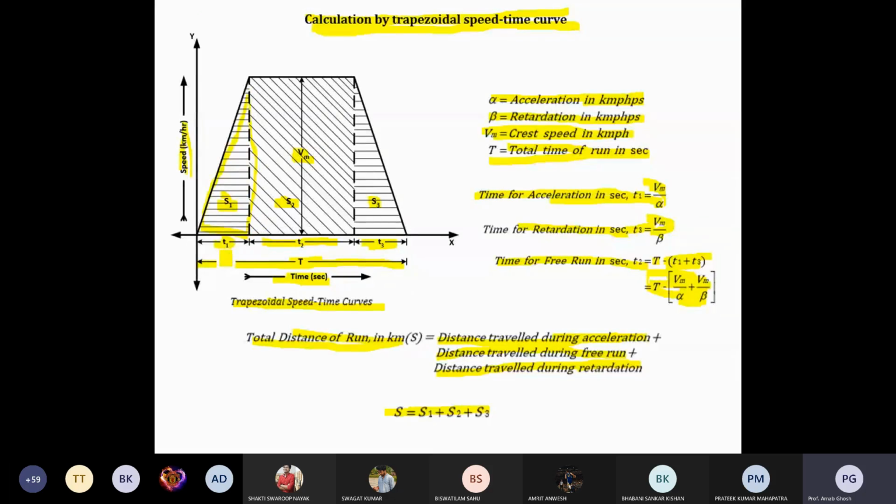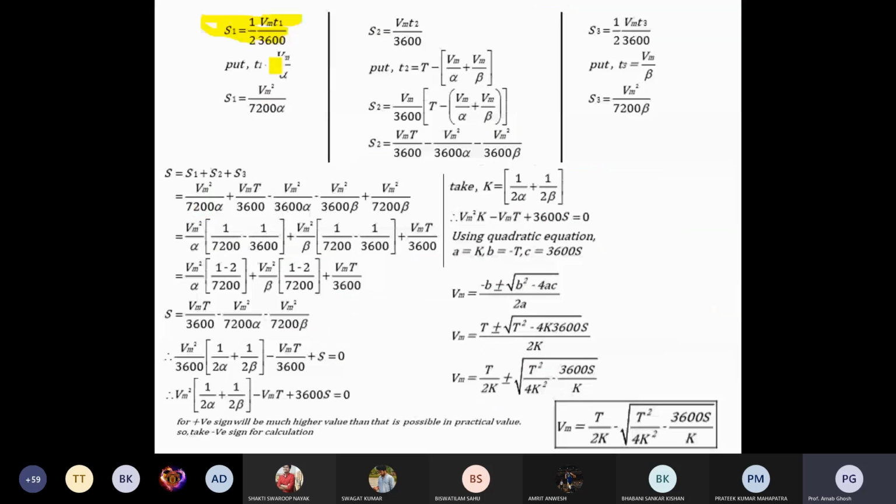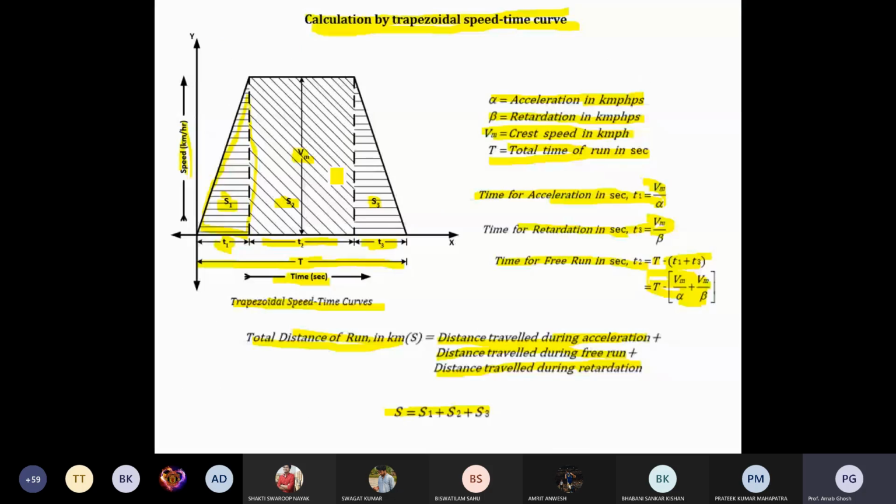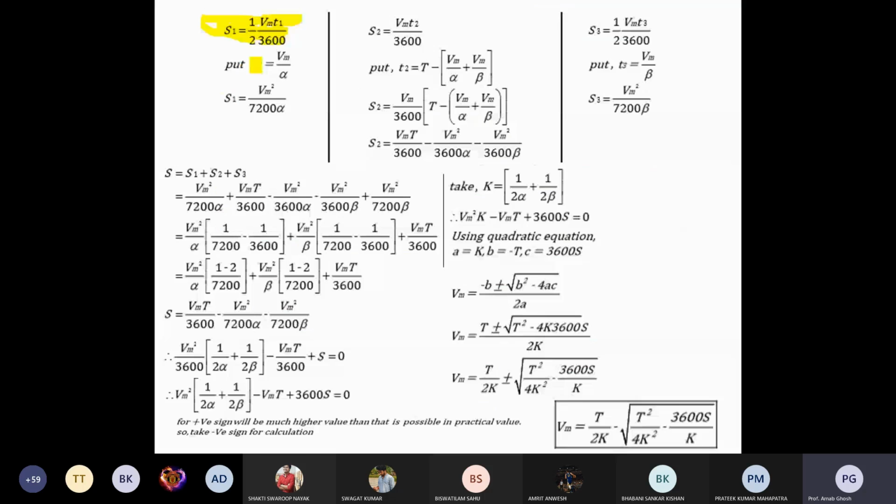So T1 divided by 3600. Vm is in kilometer per hour. So you need to convert T1 from seconds into hours. So you put T1 equal to Vm by alpha. So finally you will get S1 equal to Vm square by 7200 alpha.